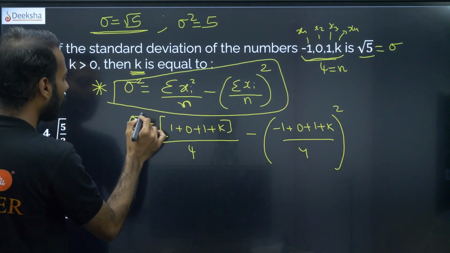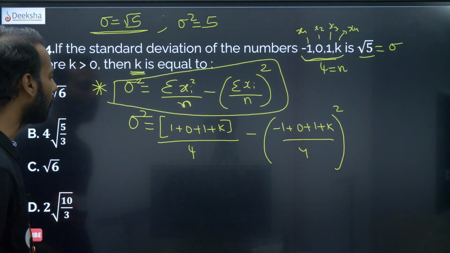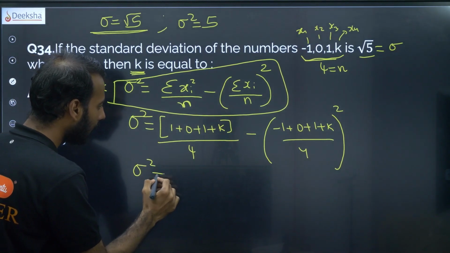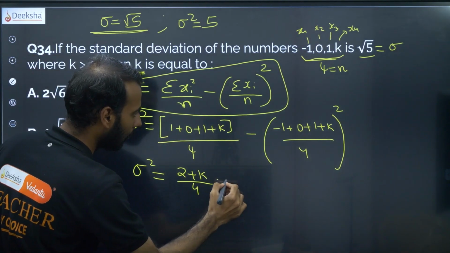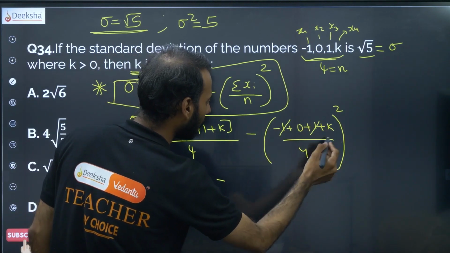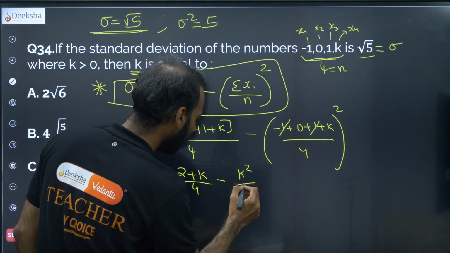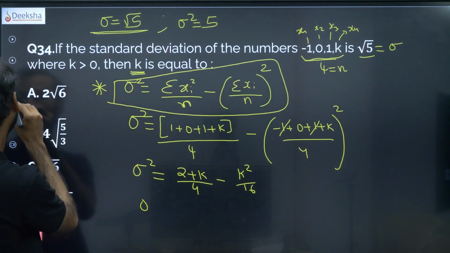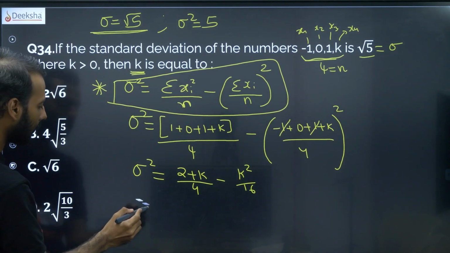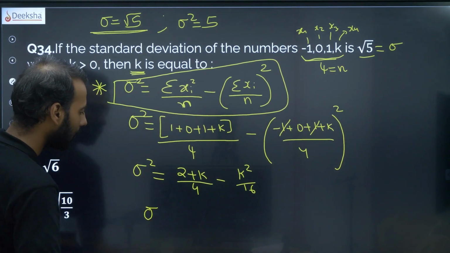Sorry, this should be sigma square, not sigma. Sigma square is equal to this. So sigma square is equal to 2 plus k by 4 minus, negative 1 positive 1 cancelled, k square by 16.